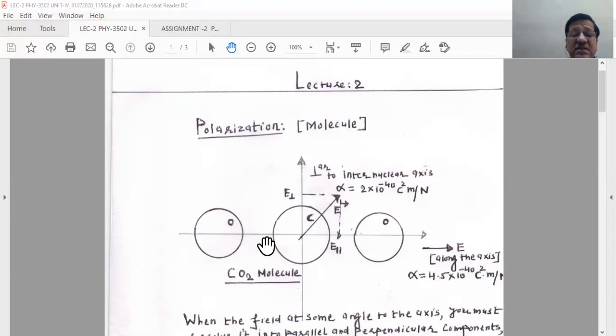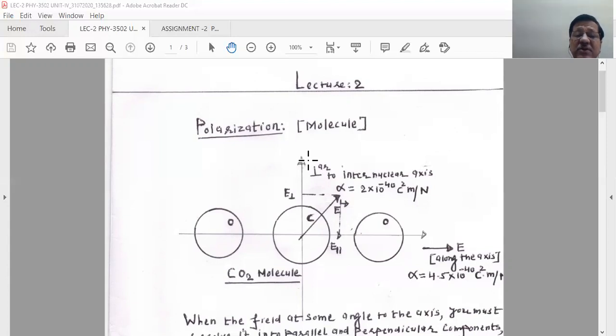There is an axis which you consider as the internuclear axis, which passes through the center of all the atoms along the x direction. You can also consider an axis which is normal to the internuclear axis, along the y direction.